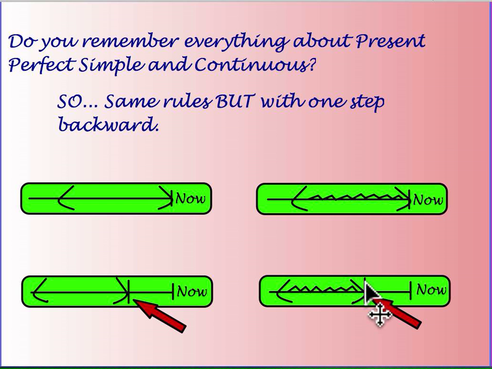Whenever you used present perfect continuous in here, when this was now, now we use past perfect continuous. Okay, these are the visual representations of past perfect and past perfect continuous.